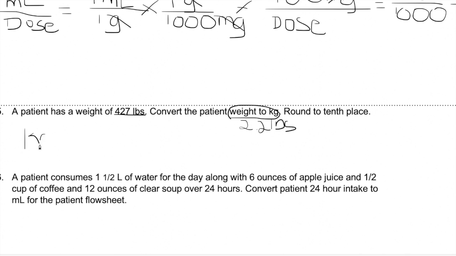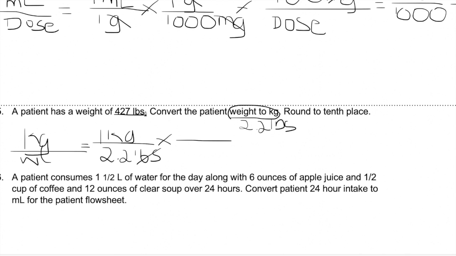So on the side, we're going to write kilograms to weight. One kilogram is always going to be equivalent to 2.2 pounds. Always. And we're going to times that by the 427 pounds because we want to cross out those unit values right there.